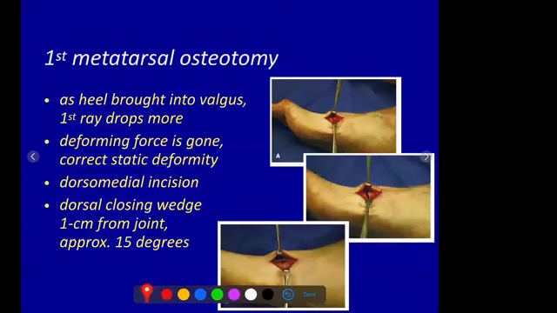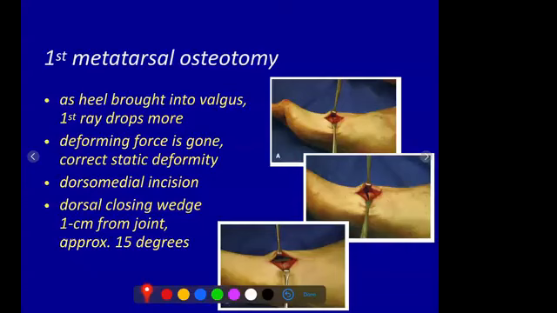And what you do is a closing wedge osteotomy of the metatarsal. You close the metatarsal and put in a two-hole plate or a screw. I usually put a plate because I find it significantly easier than putting a screw.